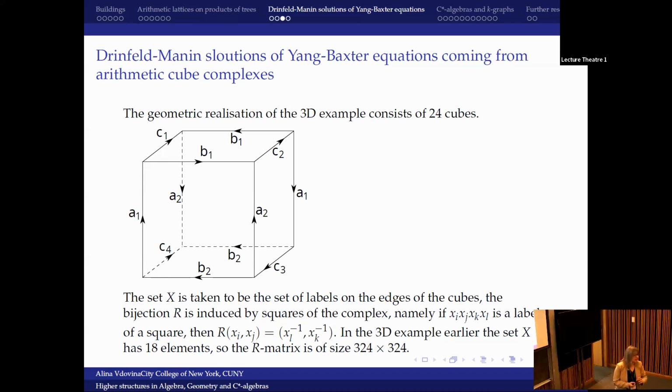Like in this example, you can do more, but at least in this example, and in particular this cube is related to the first, easiest three-dimensional example. So actually it consists of 24 cubes, because I showed the example several slides ago. There were only squares, but actually the squares we put into cubes.